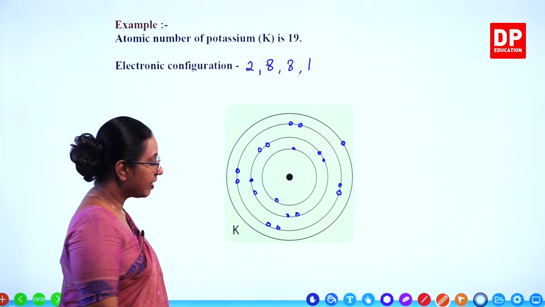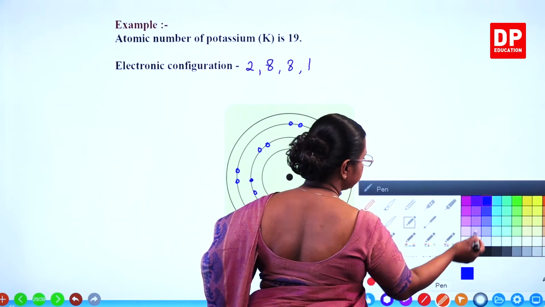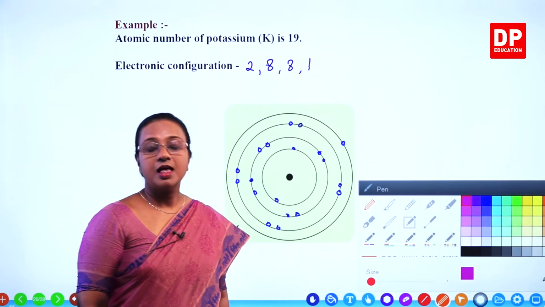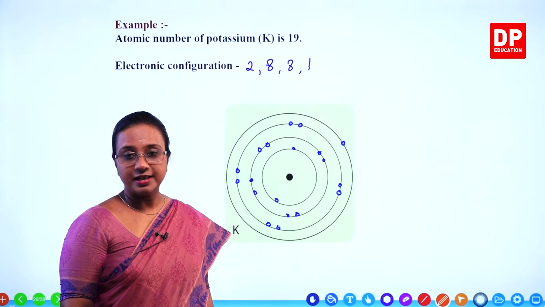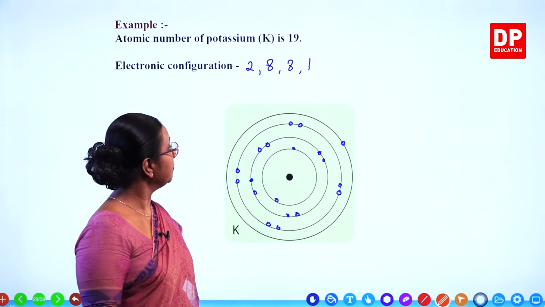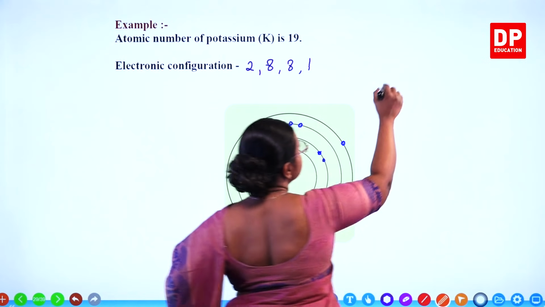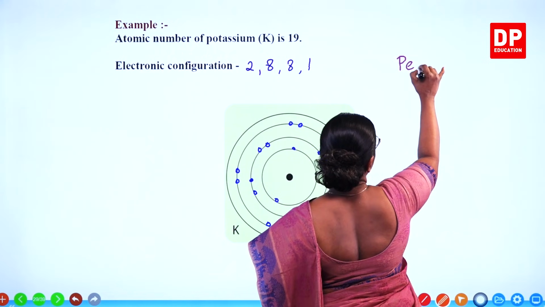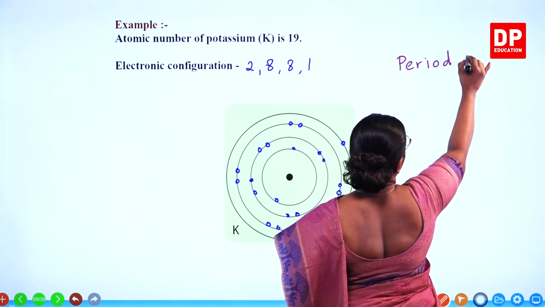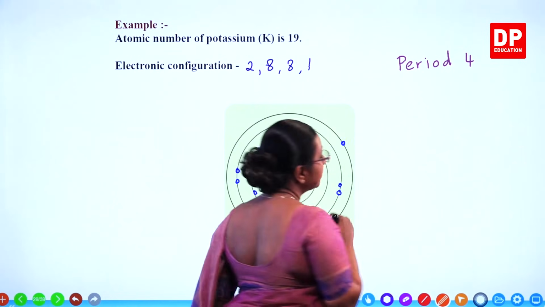How do we identify the position? Yes, the number of shells that have electrons in them, there are 4 shells. So that means potassium belongs to period 4. What is the group?